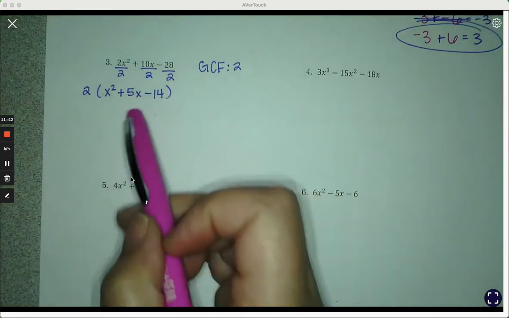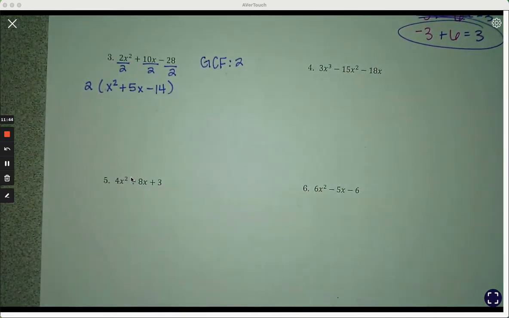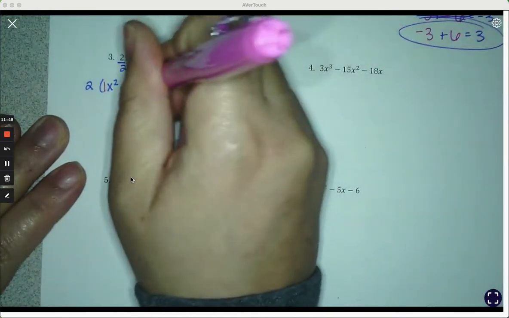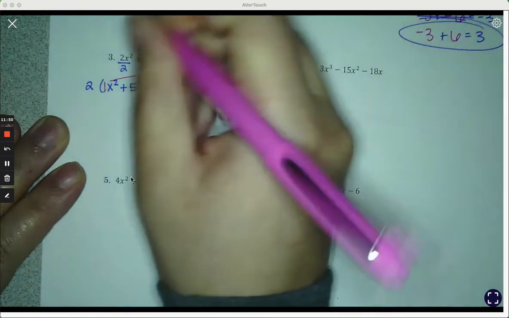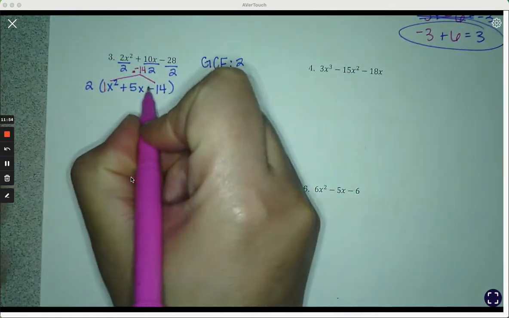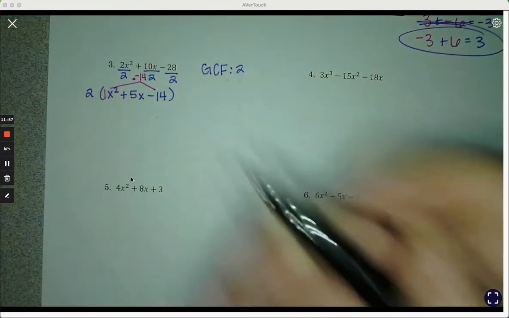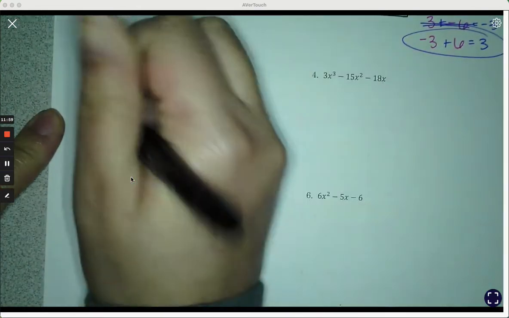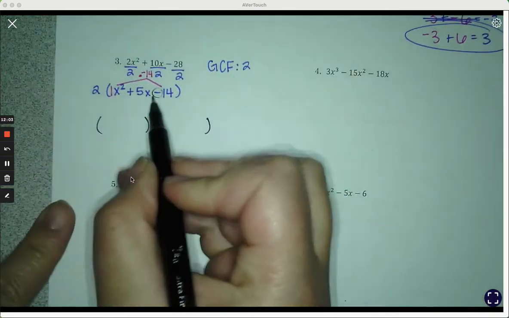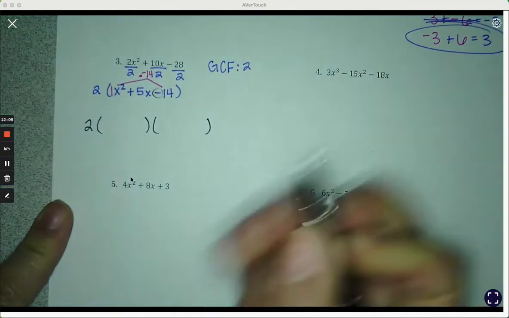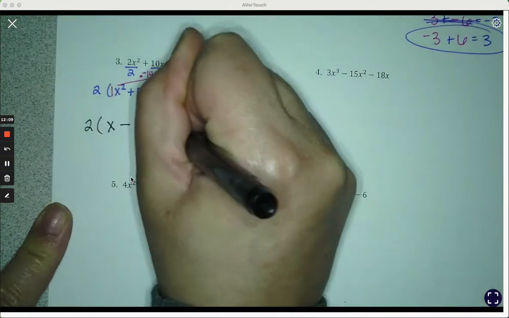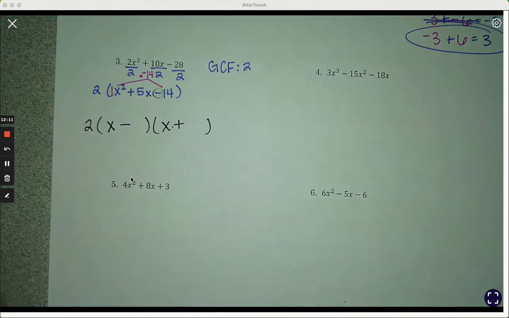Now we're going to focus on the equation in the middle. I'm going to put my 1 here, and now the magic number is negative 14. Because it's negative, remember, when we have a negative sign as our last sign, we're looking for 1 negative and 1 positive.